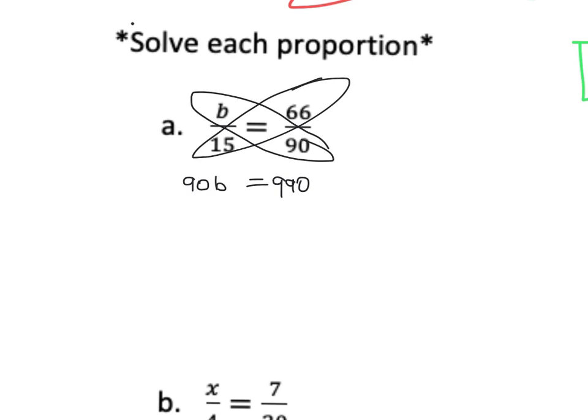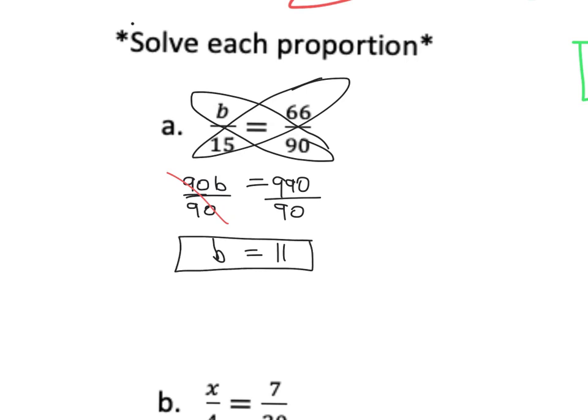Now our last step will be to divide each side by the number in front of our variable. And so I have a 90 in front of b, so I'm going to undo that multiplication by dividing each side by 90. 90 divided by itself is 1, and I'm left with b equals 11.